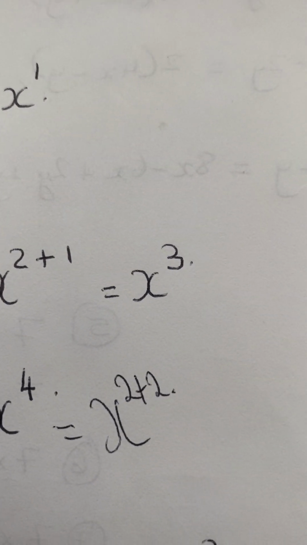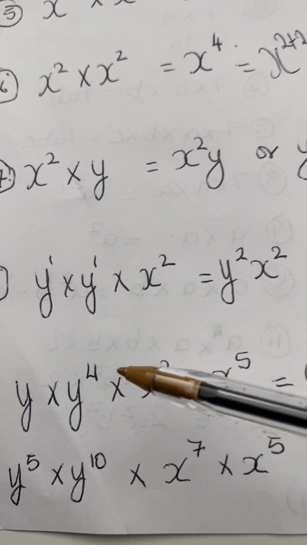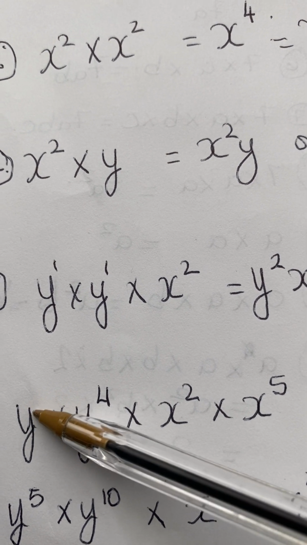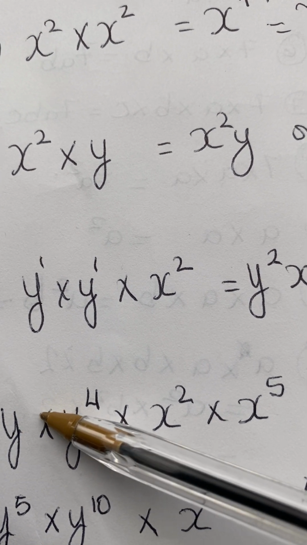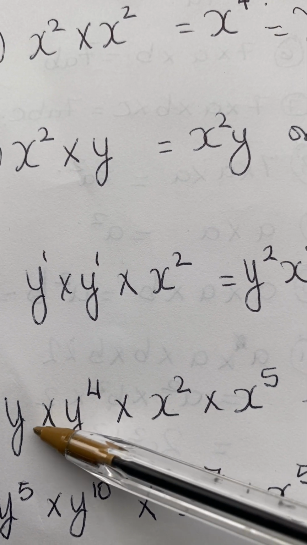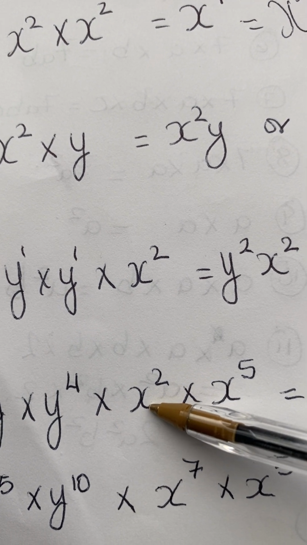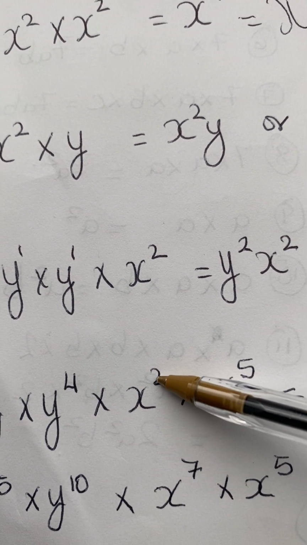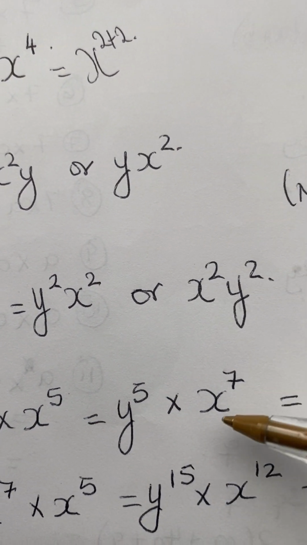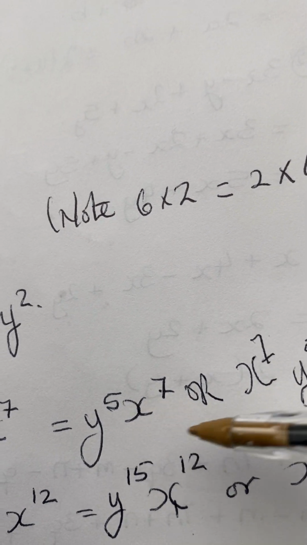Then we realize that, oh, if we have like this one, this is y to the power 1 and y to the power 4. So we can have both as y to the power 5, and this as x to the power 2 times x to the power 5, so x to the power 7. Okay, and I've shown you both ways to write them.